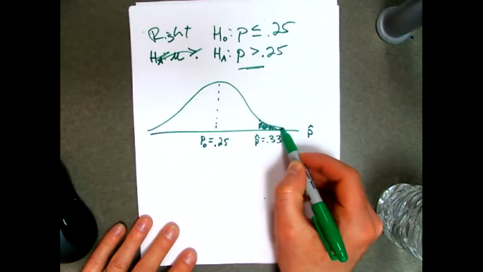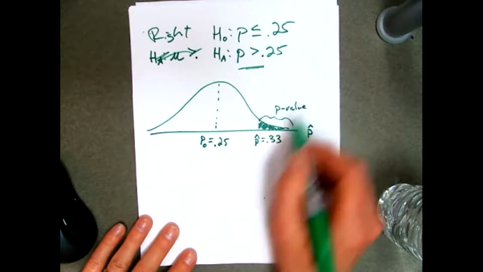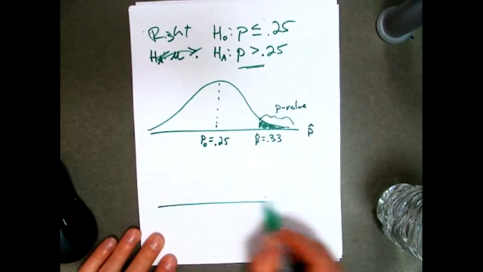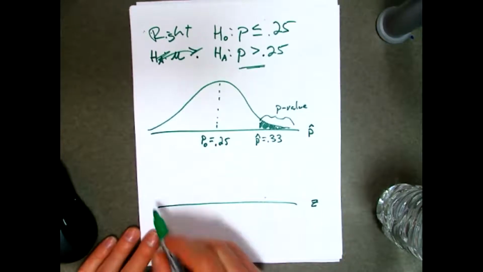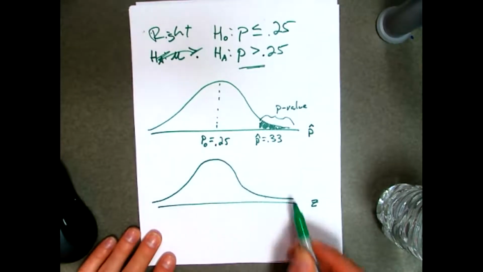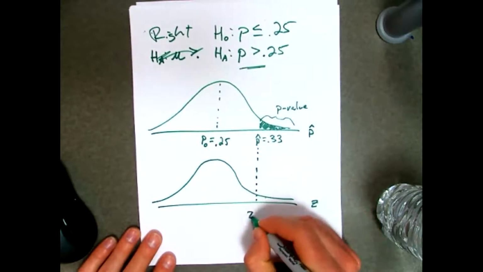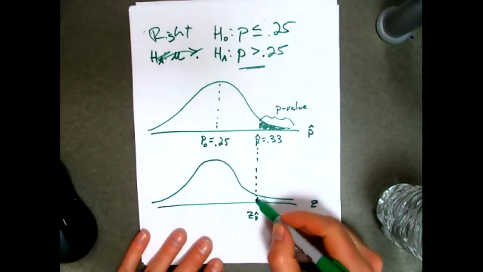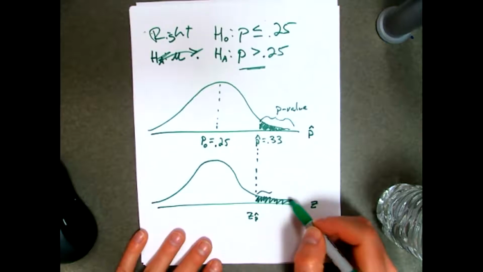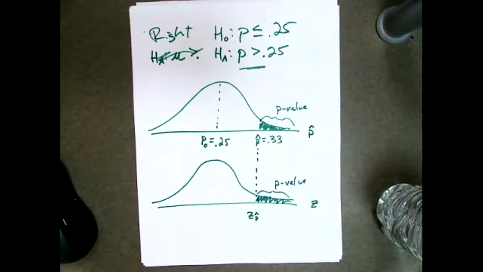So if I think about a right-tailed test, my p-value would be the area to the right of the sample evidence I found. Now that doesn't really help me until I turn that sample evidence into a z-value, right? Or into a test statistic, a z-statistic, since it's coming from a standard normal distribution. So I'm going to turn this into my test statistic or z-statistic here. I can then use my standard normal distribution table to find the area to the right of that test statistic. That was kind of the steps that we've been doing.